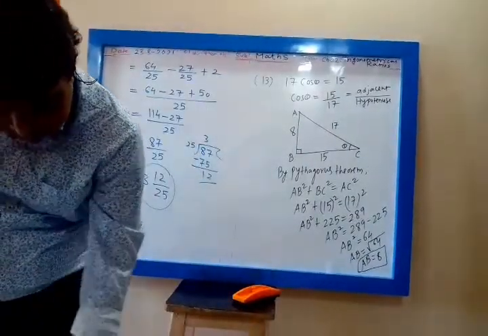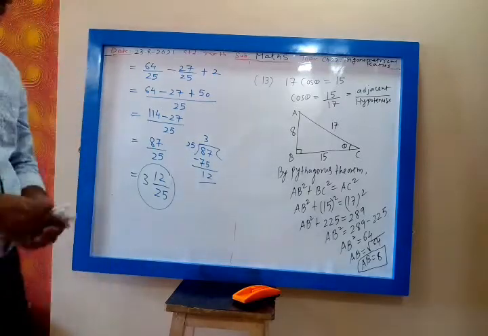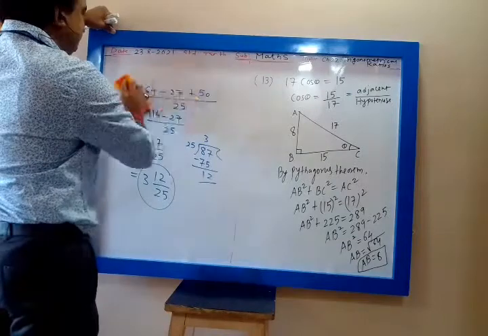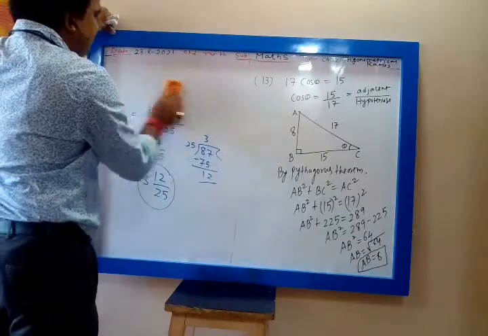Find the value of tan theta plus 2 sec theta. So find tan theta and sec theta first.